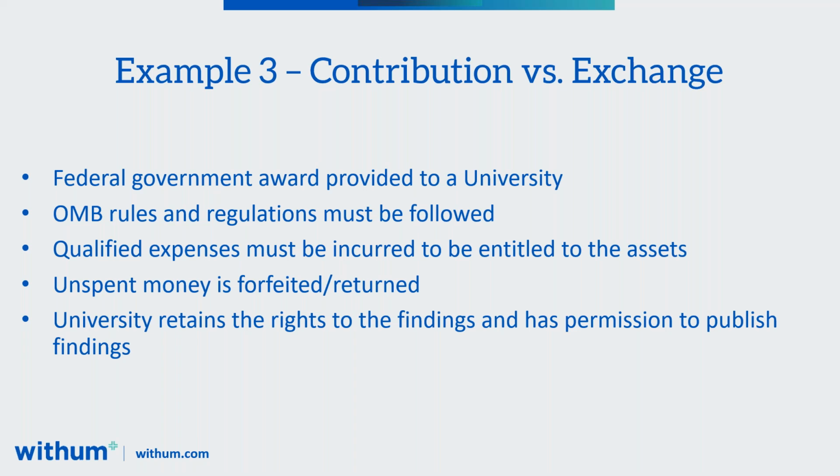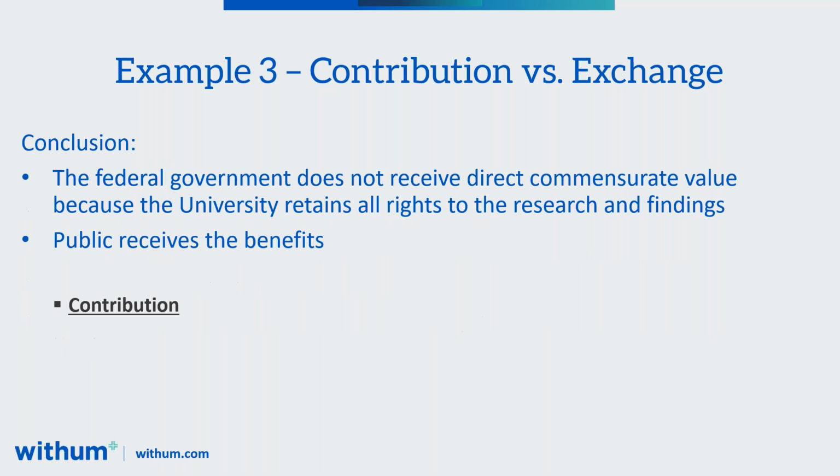So again, is this a contribution or an exchange? So this is a contribution. The federal government does not receive direct commensurate value because the university retains all the rights to the research and findings. So perhaps the general public receives the benefits, but the federal government did not receive direct commensurate benefit. So this would likely be treated as a contribution.